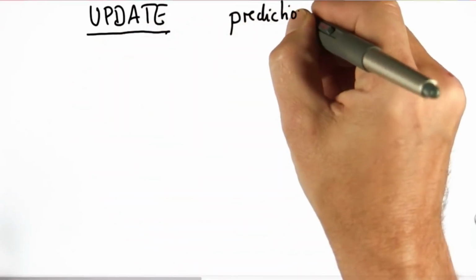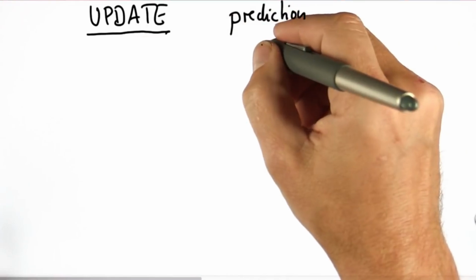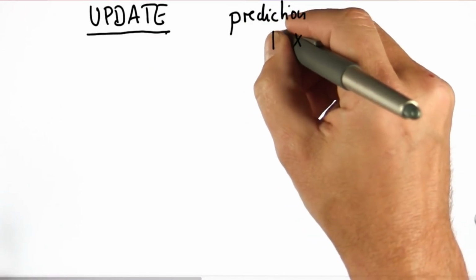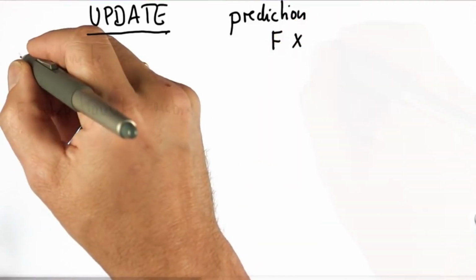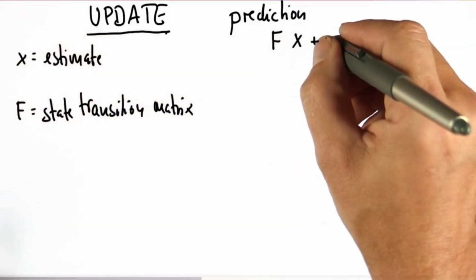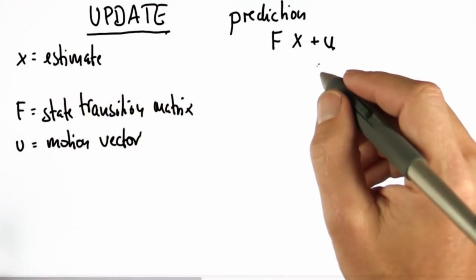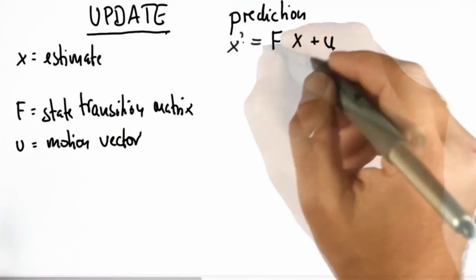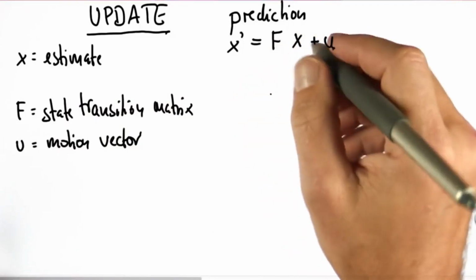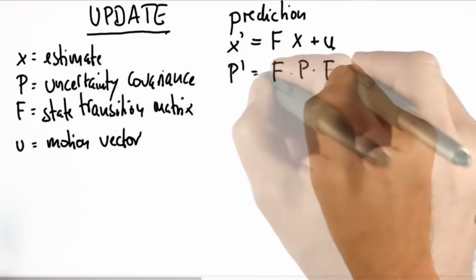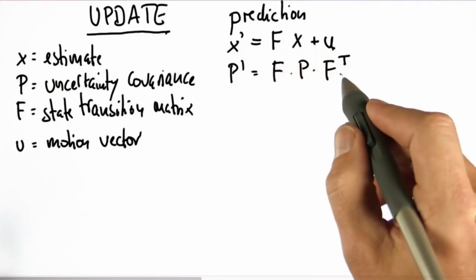There's a prediction step where I take my best estimate x, multiplied with the state transition matrix F, and I add whatever motion I know, u. That gives me my new x. I also have a covariance P that characterizes my uncertainty, and that is updated as follows, where T is the transpose.